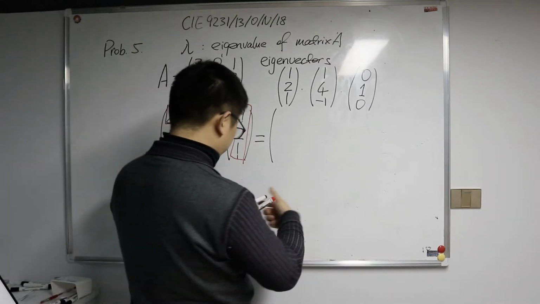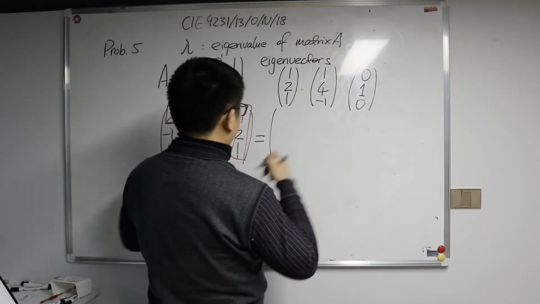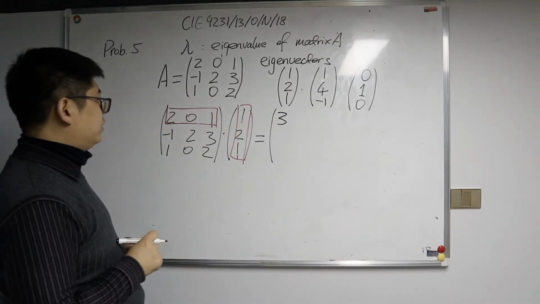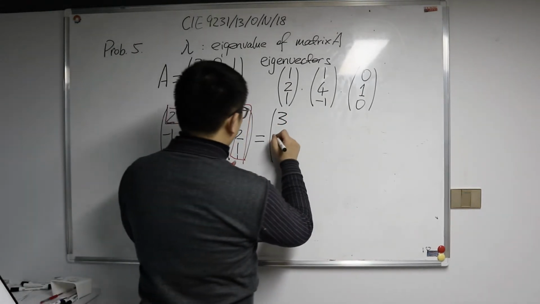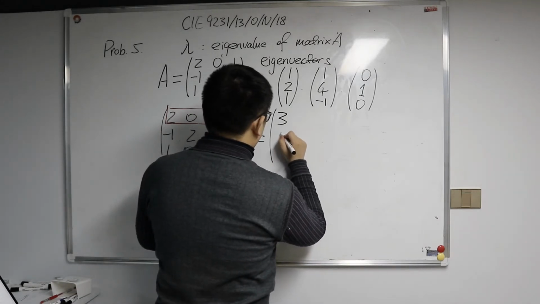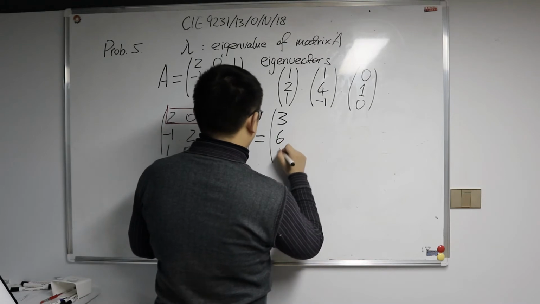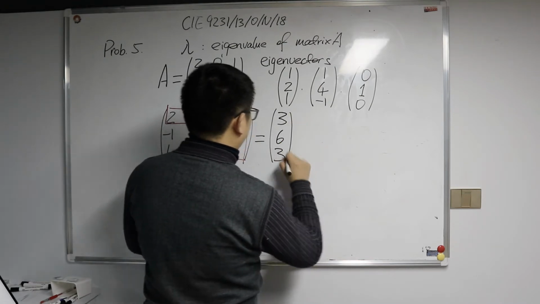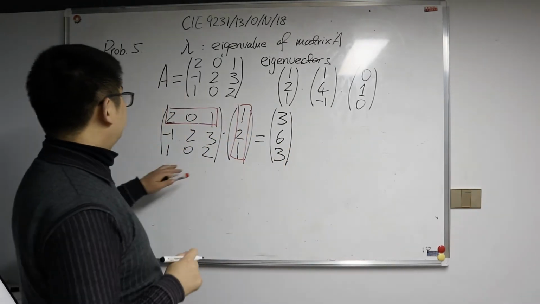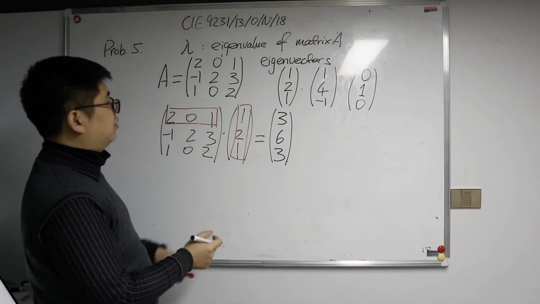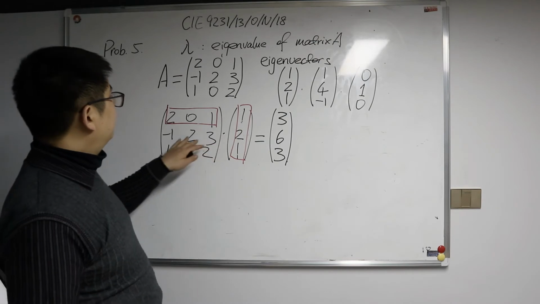So the first coordinate is 3, and then automatically we know that the remaining two coordinates must be 6 and 3. Well, anyway, we have to verify it. Correct, right? Quite obvious.